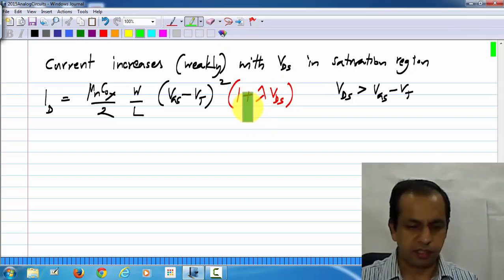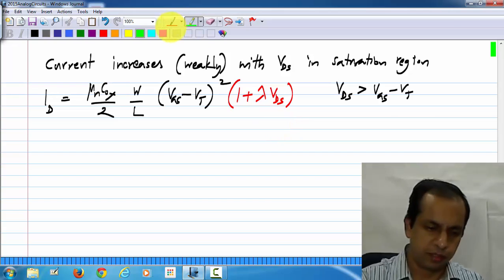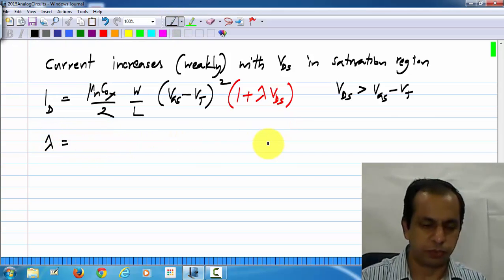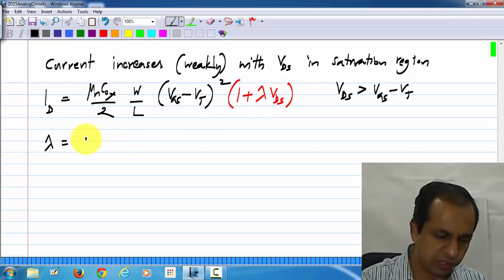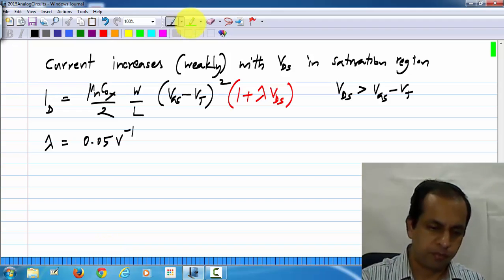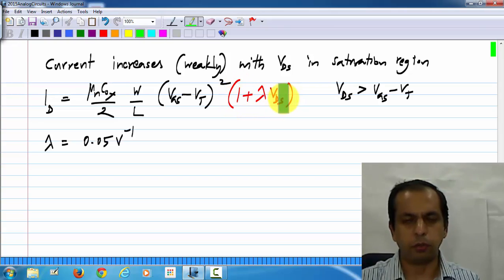And you can see that as VDS increases, the current increases. Okay. And the units of lambda are inverse volts, and this is typically a small number, let us say something like 0.05 inverse volts. So, this correction is still usually small compared to 1.